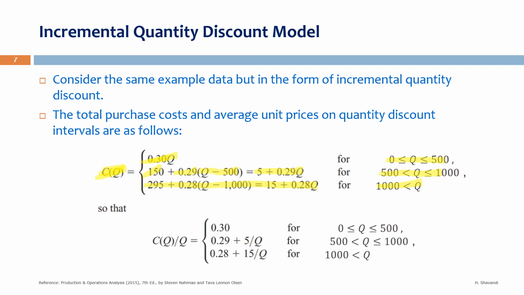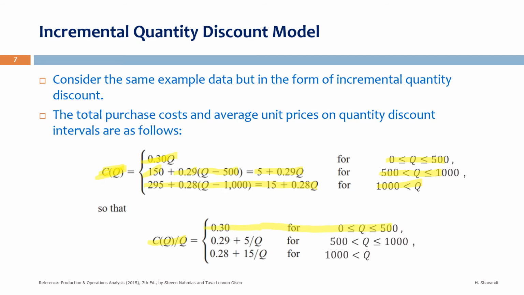So if we divide this C(Q) term, the total purchase price, by its quantity Q, then we are calculating the average unit purchase price, right? So C(Q) divided by Q for the first interval becomes 30 cents.